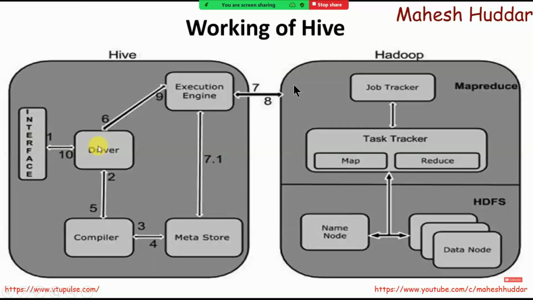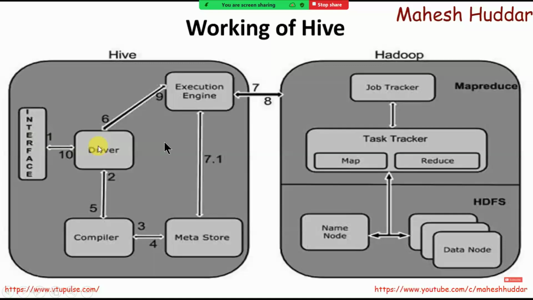Before going here, I gave you this metastore to the compiler and driver. This execution engine will check that schema. If you see here, 7.1, it verifies here, and again it gives it back here.